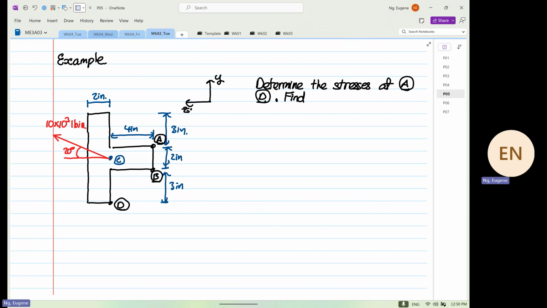We're going to find the orientation of the neutral axis. Okay, we're going to find the orientation of the neutral axis.